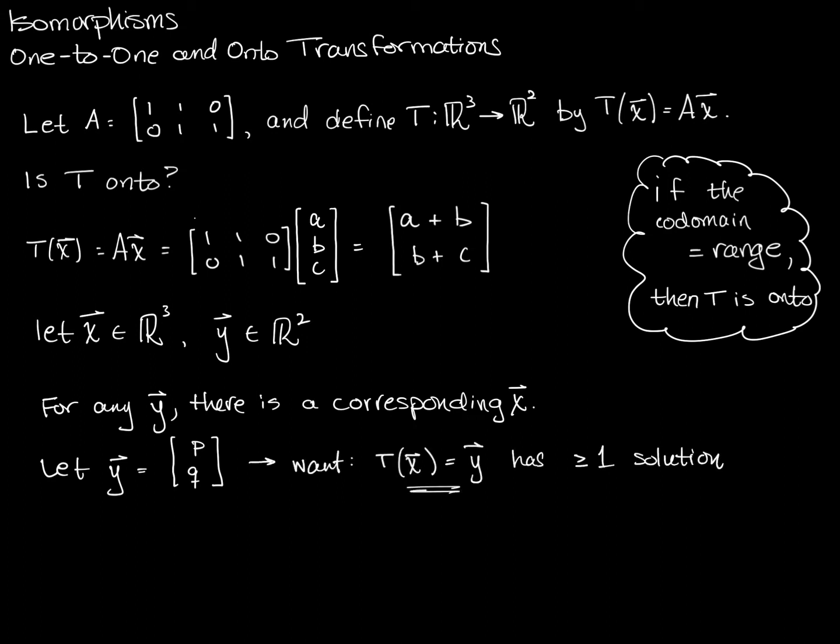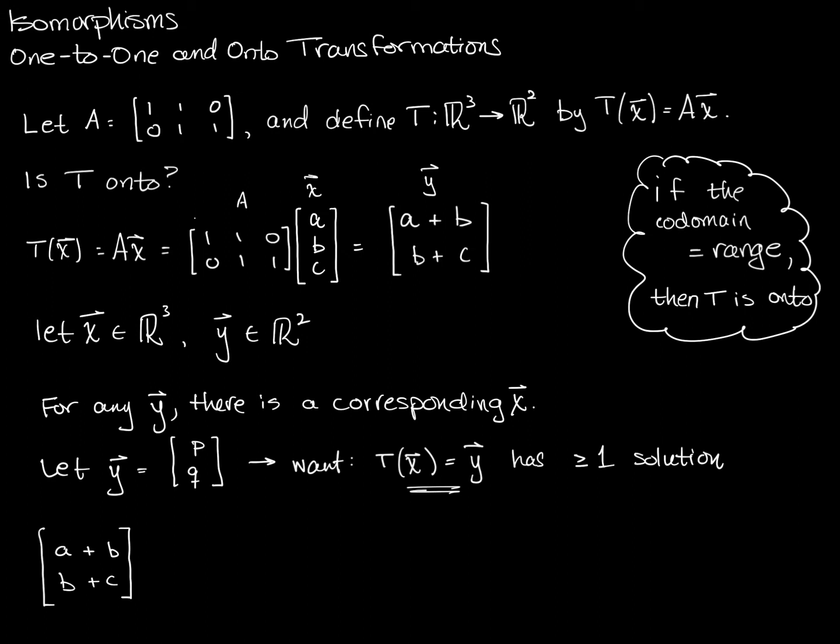Well, what's another way to write this? We've got T of X equal to A plus B, B plus C. That's what our T of X looks like for a random vector X. This is my A, this is my X, and this is effectively my Y.